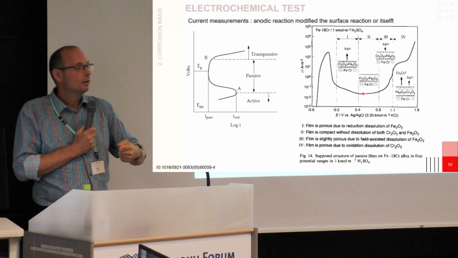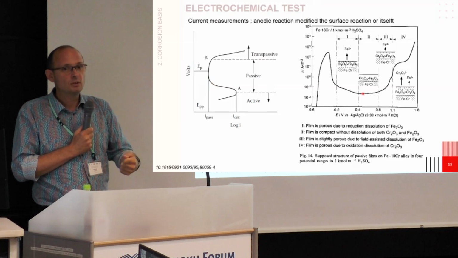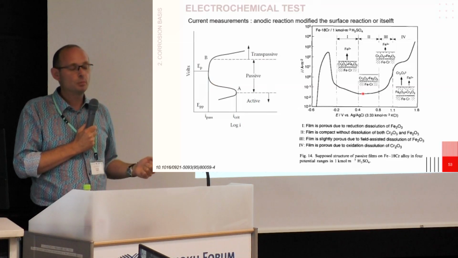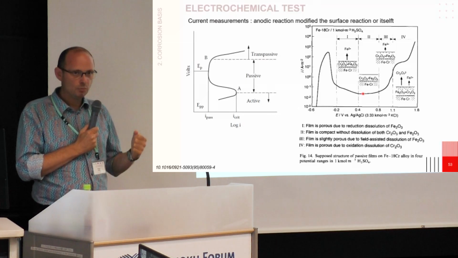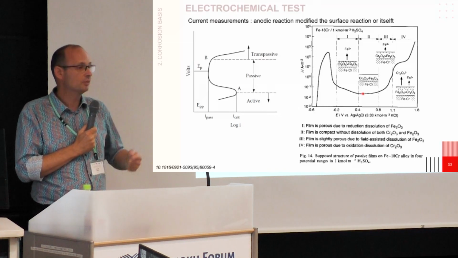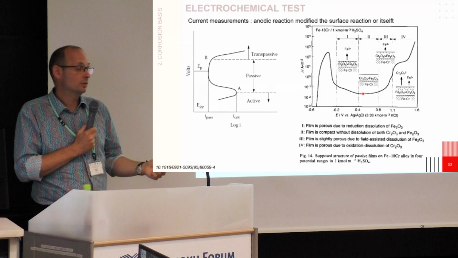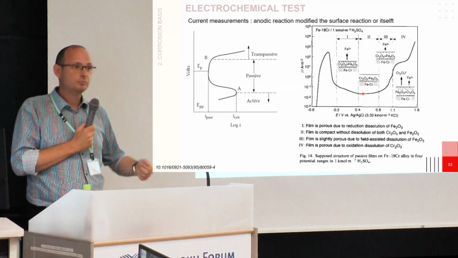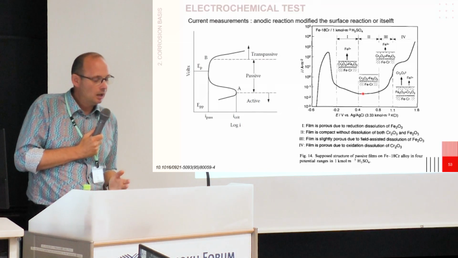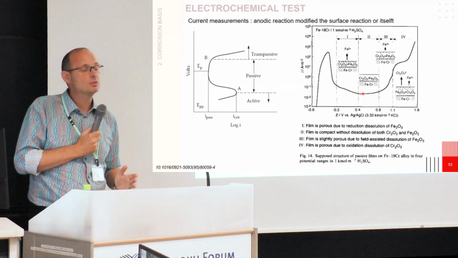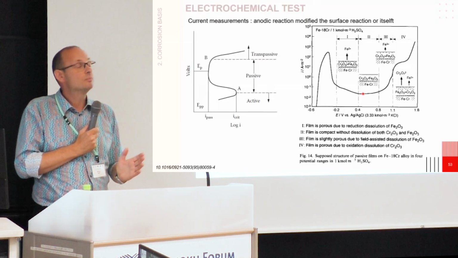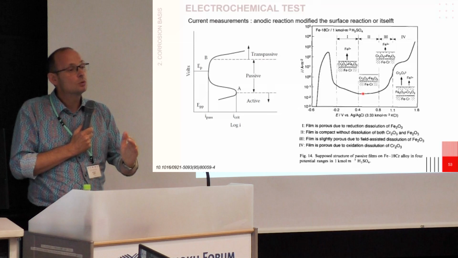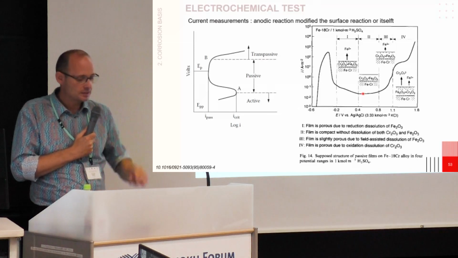Because I'm filling the voids in the oxide. An oxide layer is always porous at the beginning. But with its maturity, with time, I'm filling voids. So it's more dense. If it's more dense, it's more difficult for metallic ions to go through the oxide and to be released.